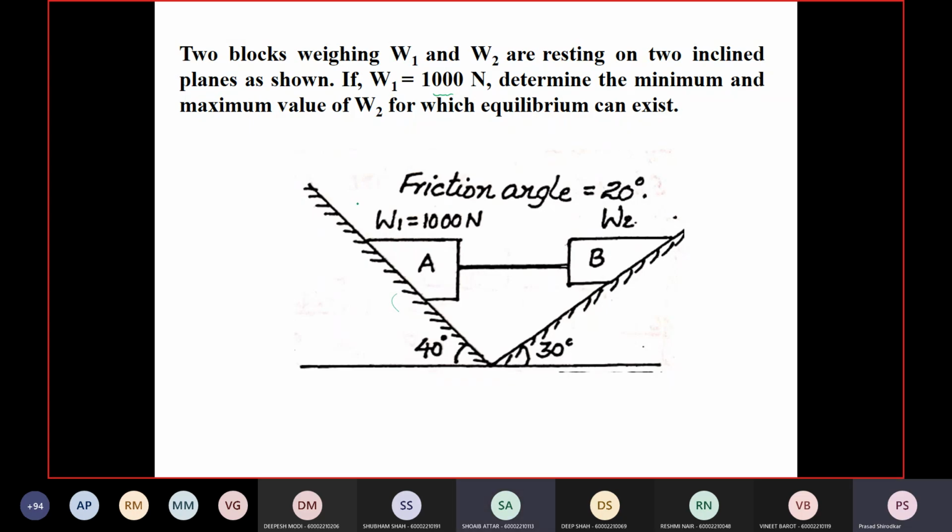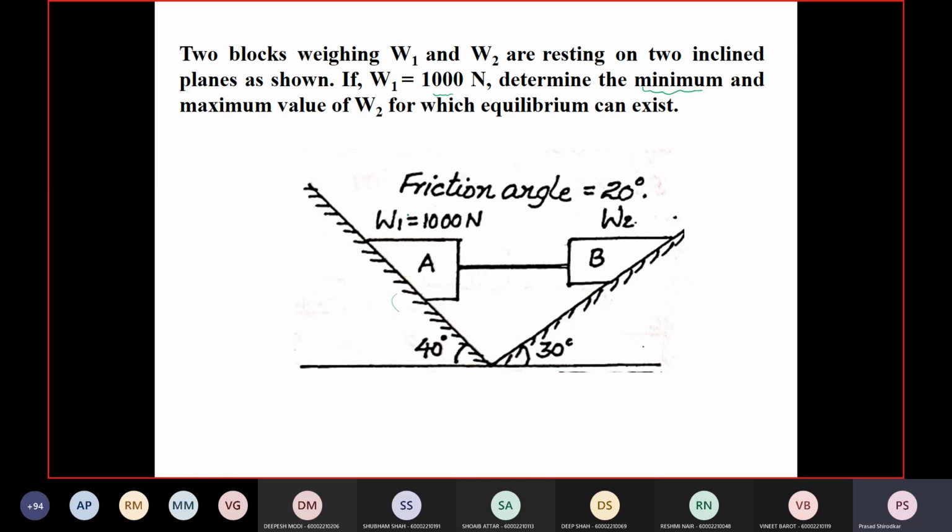The angle of friction is common for both surfaces. Determine the minimum and the maximum weight value of W for which equilibrium can exist. So you have to find both the minimum and the maximum.